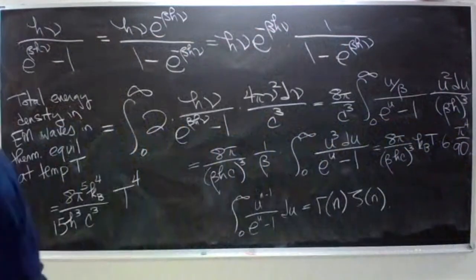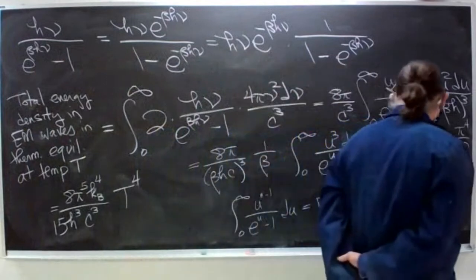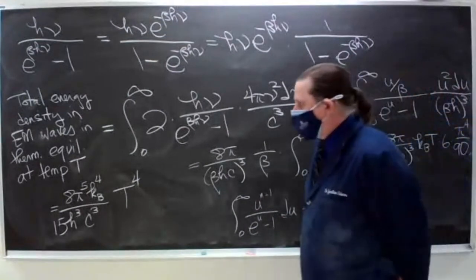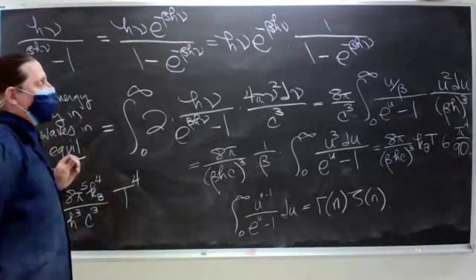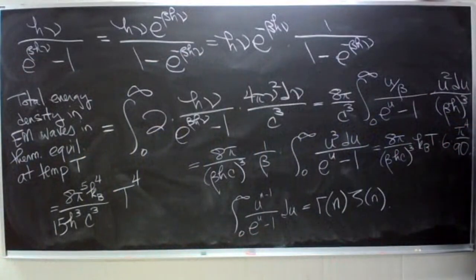Boy, that's a strange expression. Look at all those powers. Let's see at least if it's dimensionally correct first. So, to check its dimensions, I'm going to use this form.